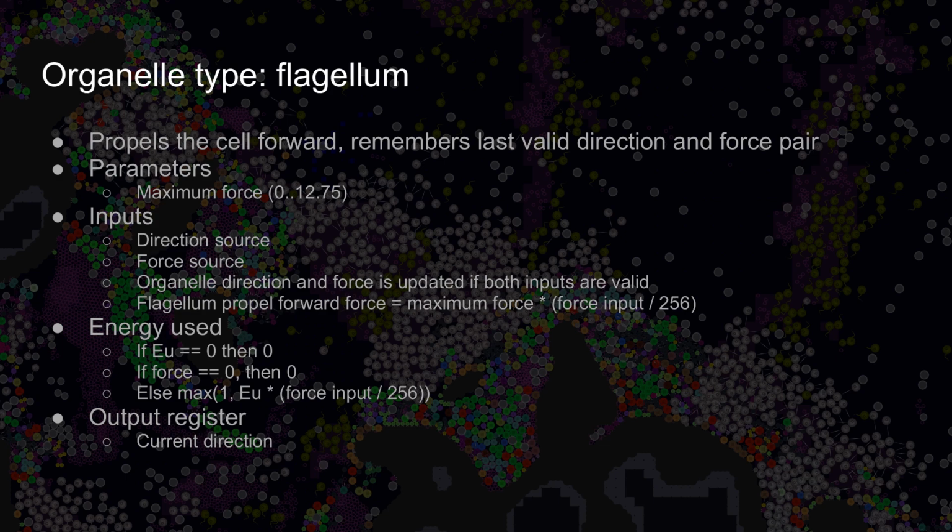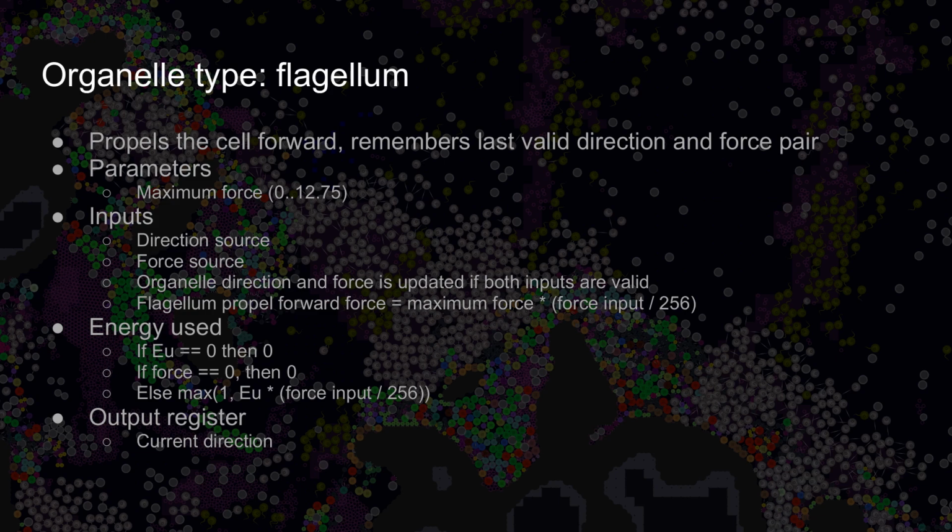The force input decides how hard the flagellum propels the cell forward. A valid 255 force input will use the maximum defined in the parameter, and the valid 0 will not propel the cell forward whatsoever. A flagellum organelle needs a valid direction and a valid force input at the same time to change direction and force.